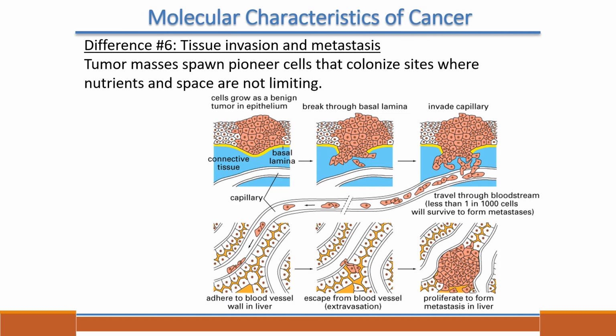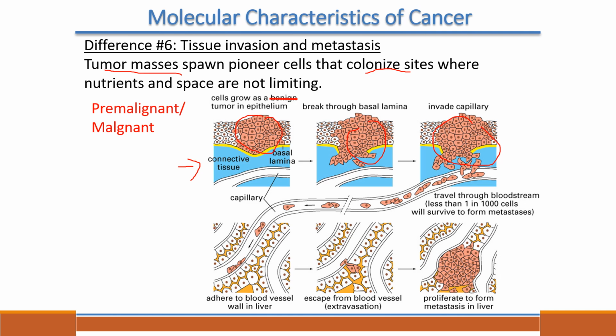So what we have been talking about is that I showed you in the beginning all these different stages of cancer. The idea is that the tumor masses, after they grow, need to go and colonize a place where they have more nutrients and space. So they say we need to go and grow in other regions.